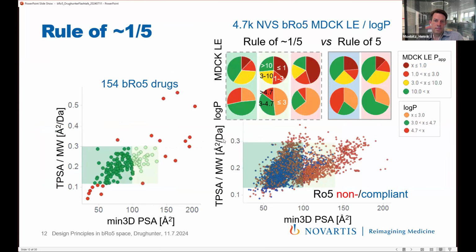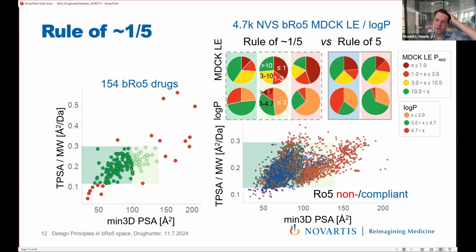On the next slide, you can see this combined with the minimum 3D PSA as a rule for permeability into what I call the rule of 1/5. I won't bore you with the details because this is a bit the molecular equivalent of stamp collecting, but I'd just like to point out that the rule of 5 actually increases the fraction of high logP compounds relative to the non-compliant set.